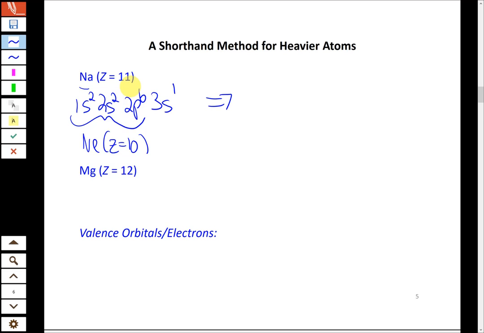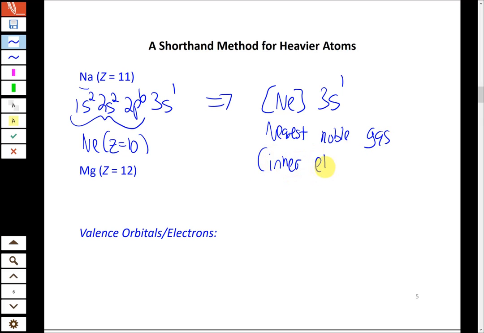Noble gas is that last column of the periodic table, which we'll come back to later. So we write that in brackets, [Ne] 3s1. So this here is the nearest noble gas, which is the last column of the periodic table that comes before it. And so those inner electrons from that noble gas configuration are going to be indicated with brackets.